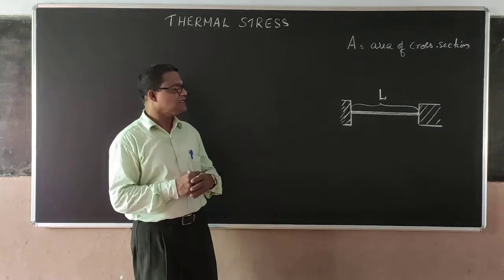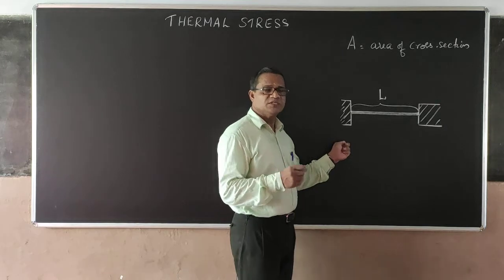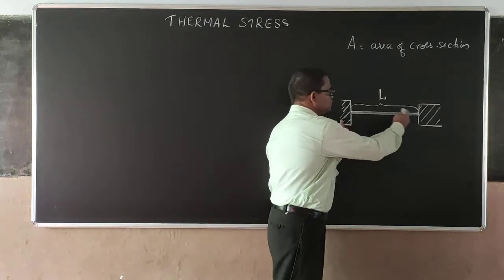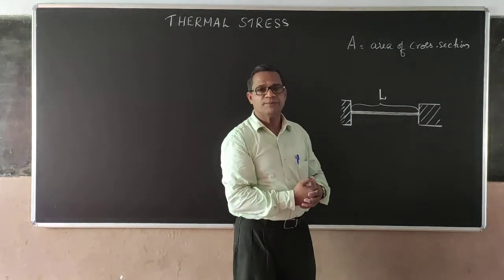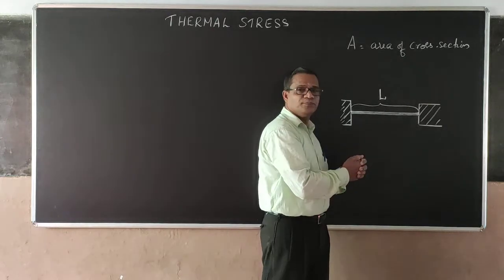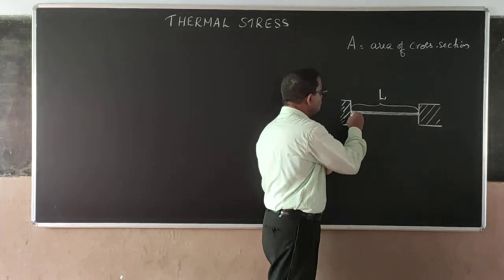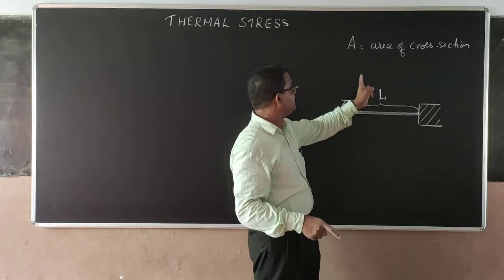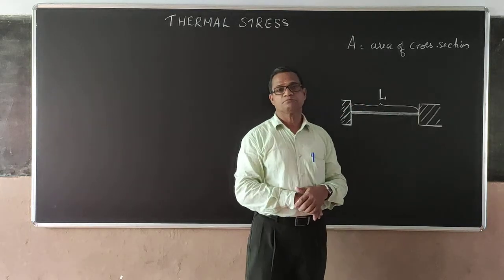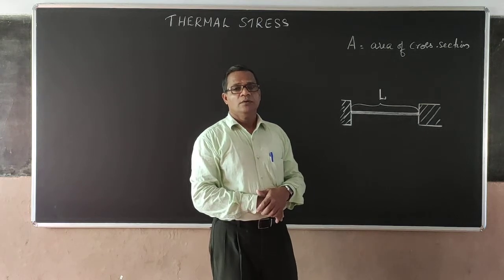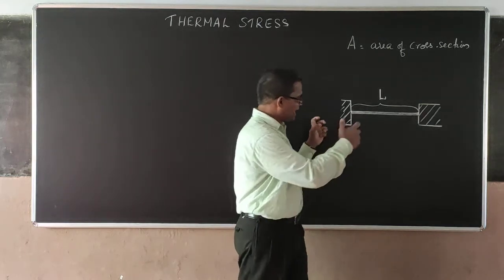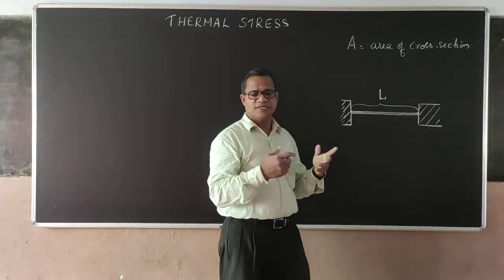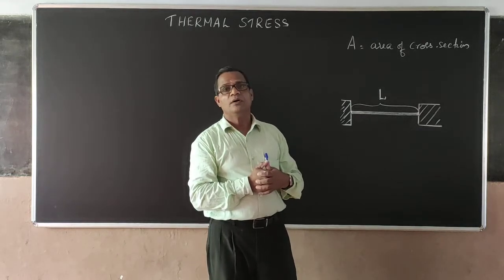Now, I consider a situation here. I have two clamps here, the fixed clamps. In between those two, I am holding a metal rod of length L and area of cross section A. So I am clamping it there and no additional stress is coming.